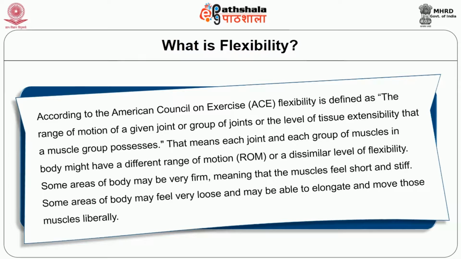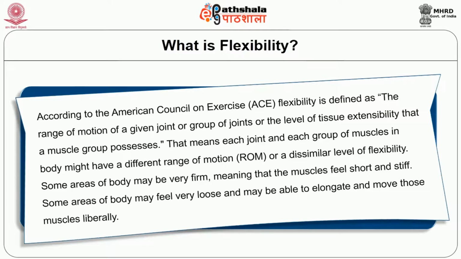That means each joint and each group of muscles in the body might have a different range of motion or dissimilar level of flexibility. Some areas of the body may be very firm, meaning that the muscles feel short and stiff.